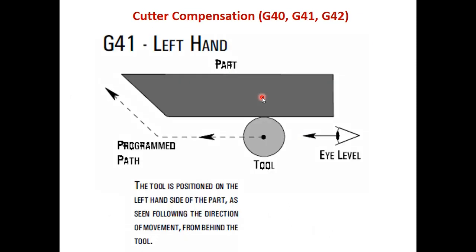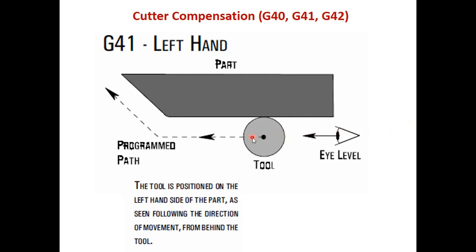So this is G41, that is cutter compensation left. So in G41 what happens is, let's say this is represented by this picture. Whatever you are seeing in the darker shade is your workpiece. Now the cutter is coming from here, let's say, and it will go on cutting.